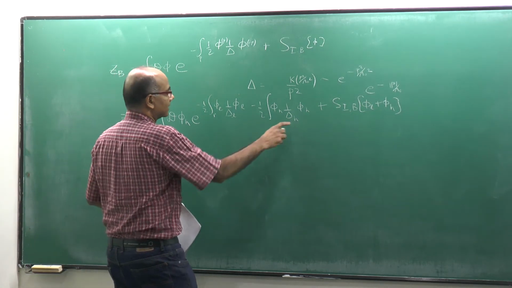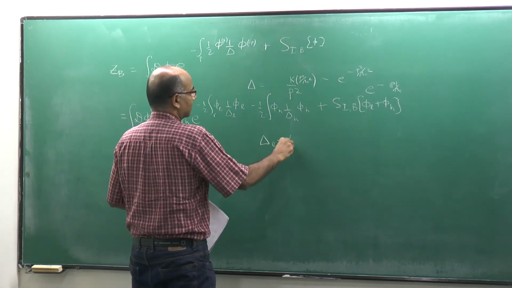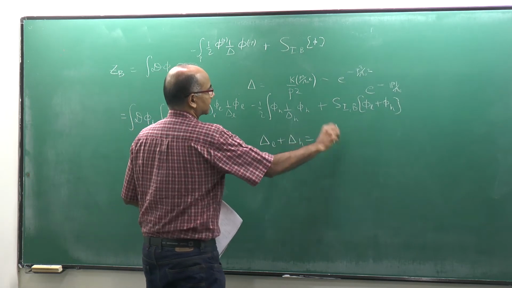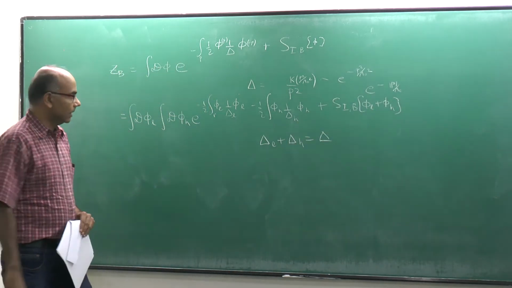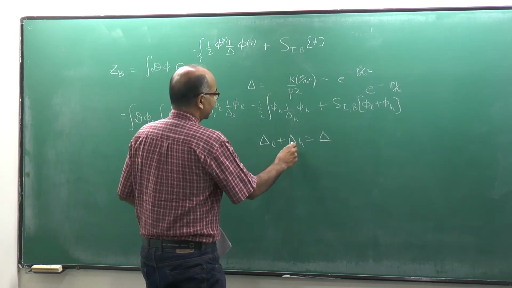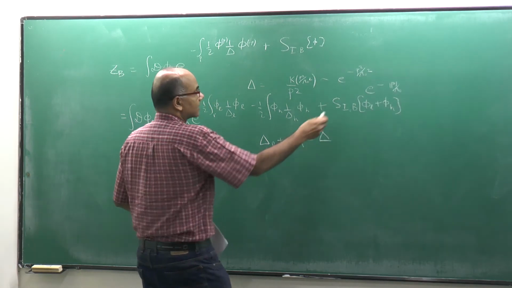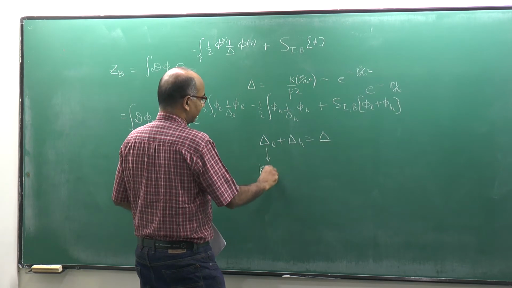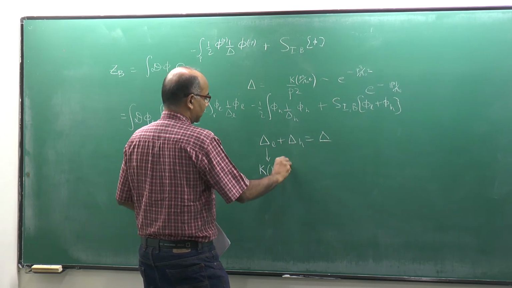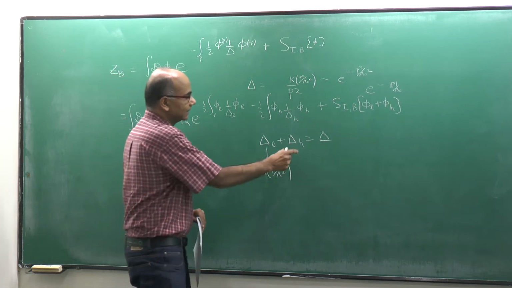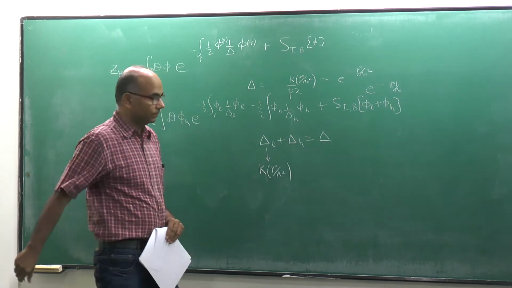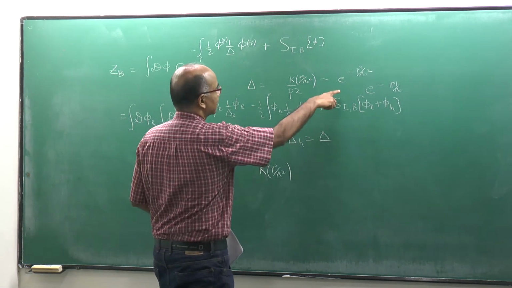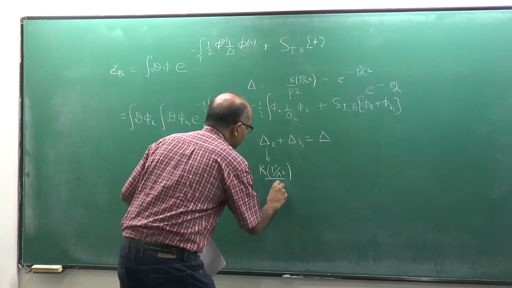And this delta L and delta H satisfy delta L plus delta H equals delta. Delta L is something similar to this, but with a lower cutoff, of the form k of p squared by lambda squared, and delta H is just the difference of the two.